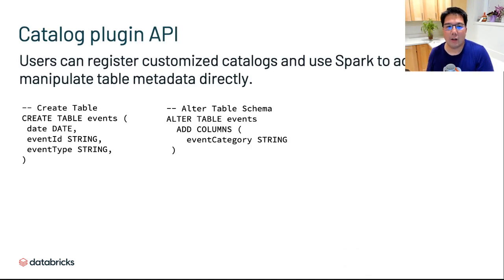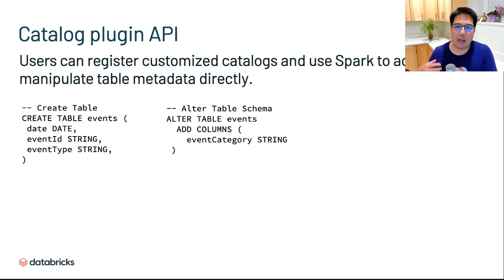Okay, so the other key aspect of Data Source v2 that I like discussing is that, like I said, we have the transactional support, right? And then we're going to switch over to Delta Lake real soon to dive into that. But we also want a catalog API. It allows users to register their own catalog implementations and take over the metadata operations.